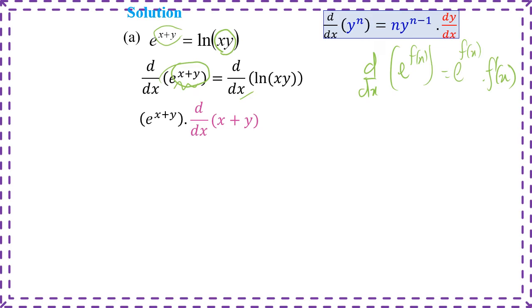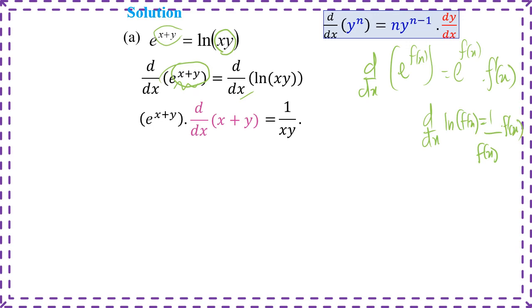And then for the right side, the log of x multiplied by y, we can solve it by applying the law of logarithm first, or you can directly use the formula for log. Differentiating log of f(x) gives 1 over f(x) multiplied by f prime of x.